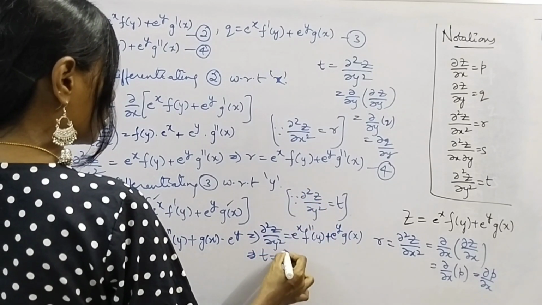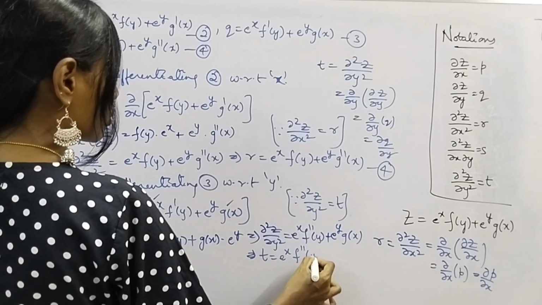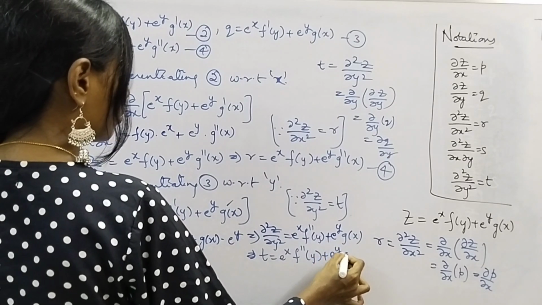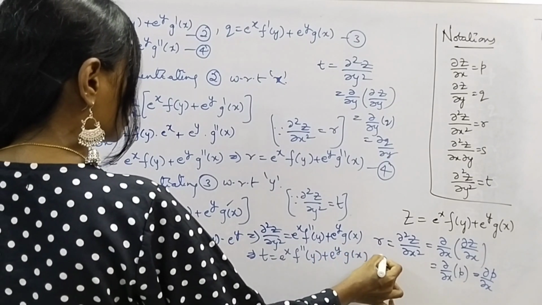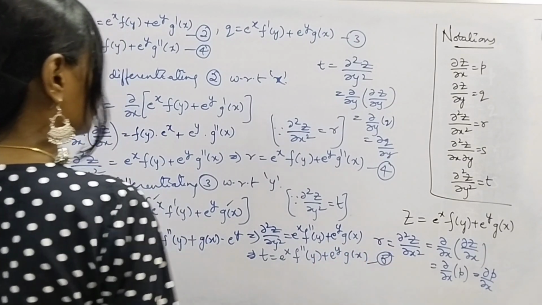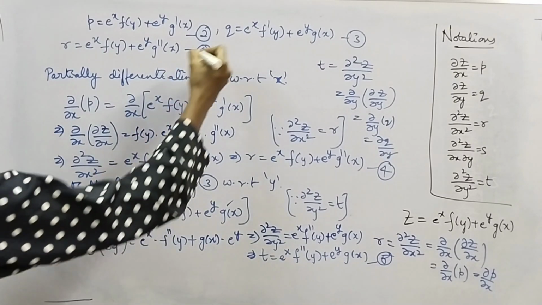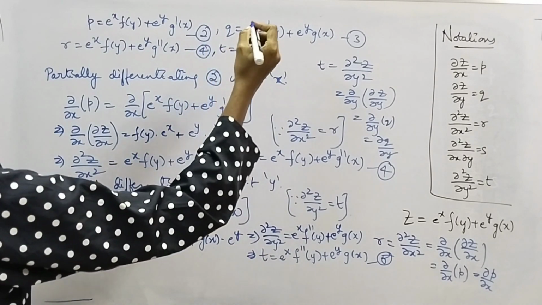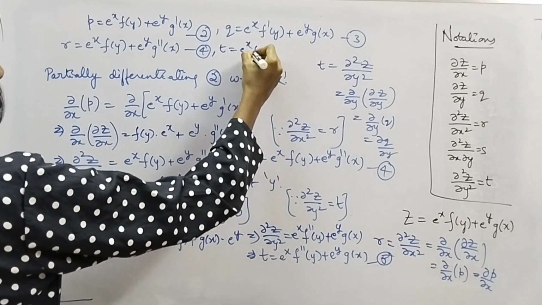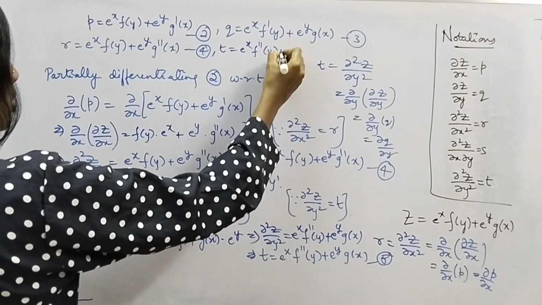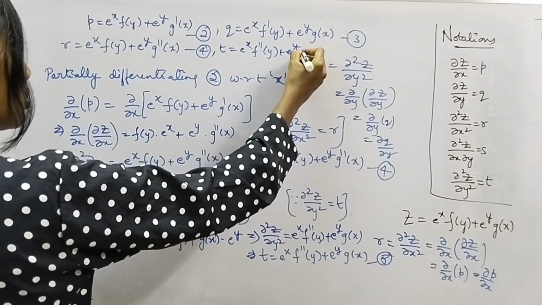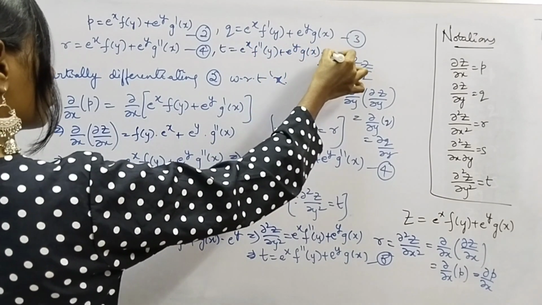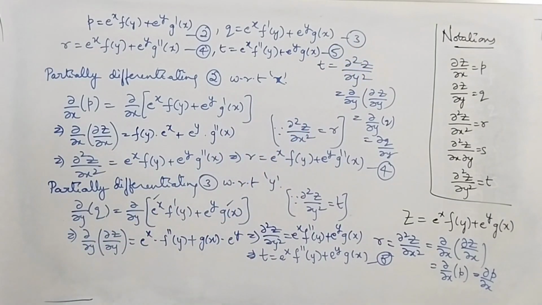You'll get t equal to e^x f''(y) plus e^y g(x). Consider this as equation number 5. So we got equation number 5: t equal to e^x f''(y) plus e^y g(x), right?